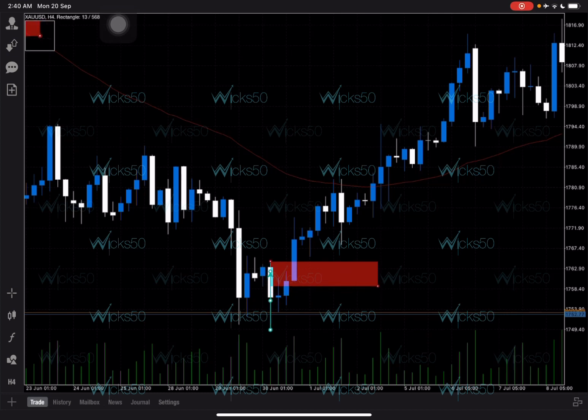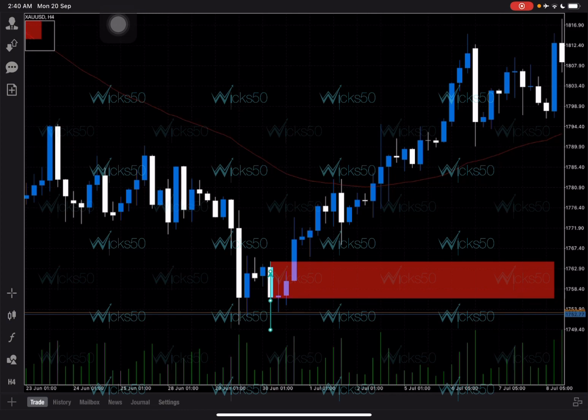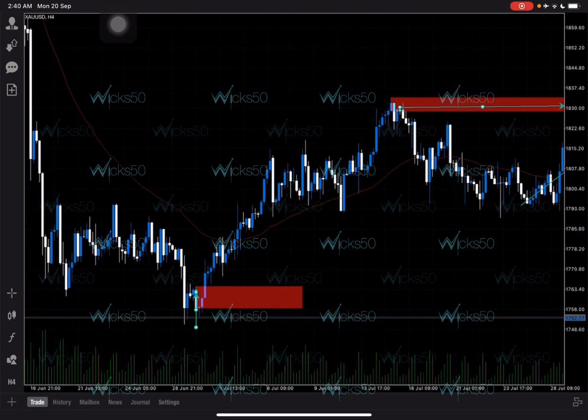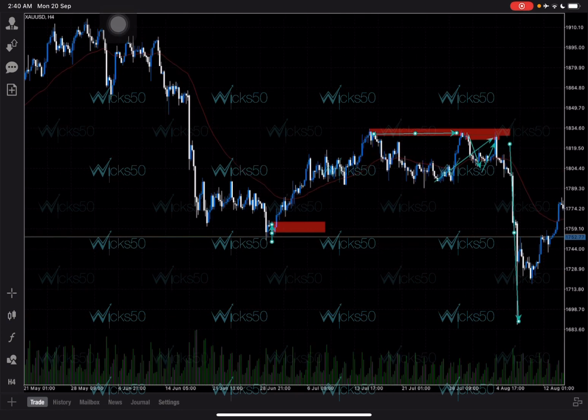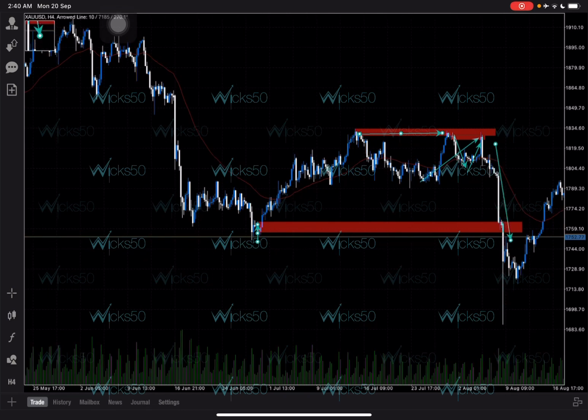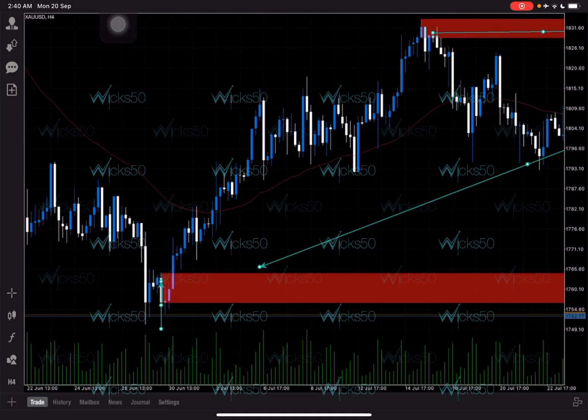So now I just have to label this zone and see what happens in the future. This is when we will be talking in the future about an engulfing buy that breaks, which then will be converted into an engulfing fail. But I don't want to be teaching you that stuff first. I'll be teaching you the basics first. So this is an example of an engulfing buy.